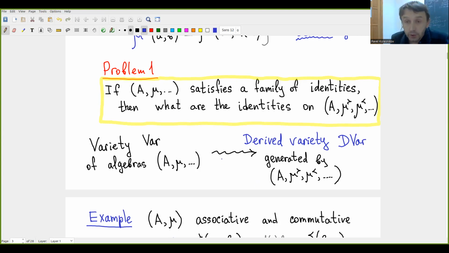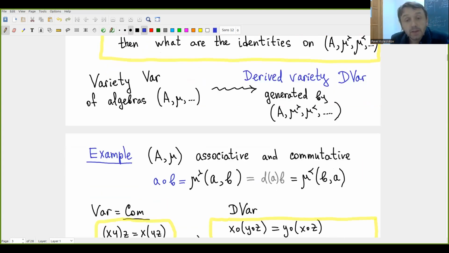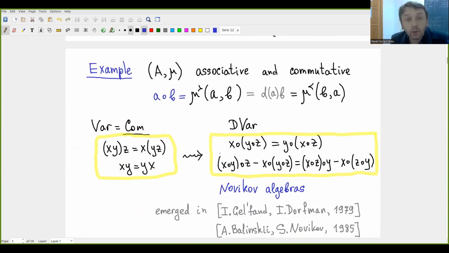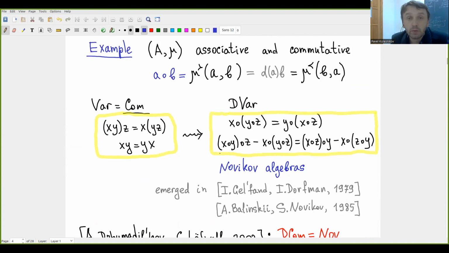This construction, the construction of a derived variety, is actually motivated by the following well-known and maybe even classical example. Suppose we start with an algebra with one associative and commutative operation mu.